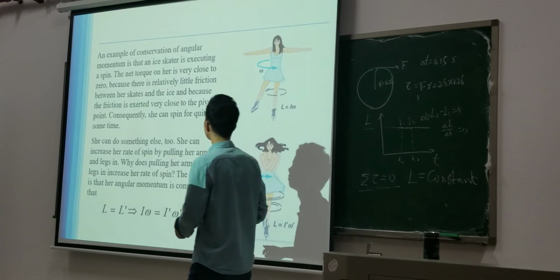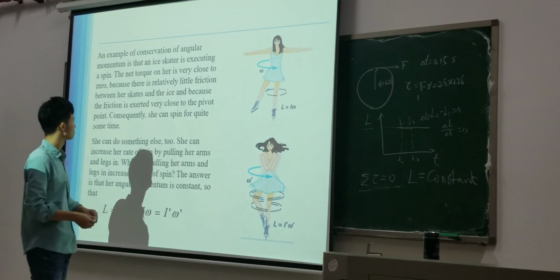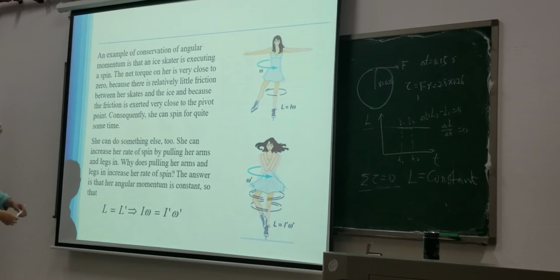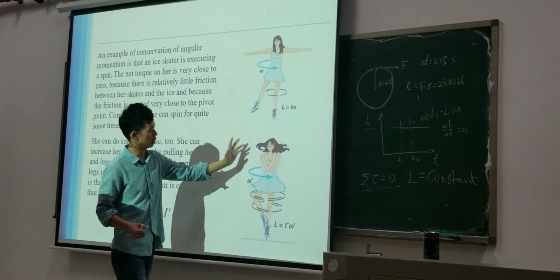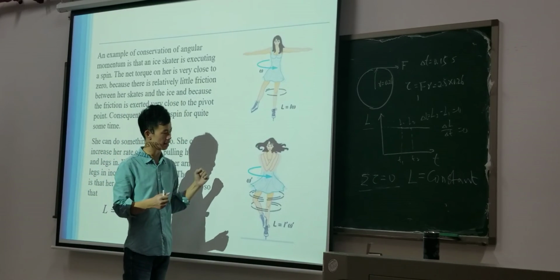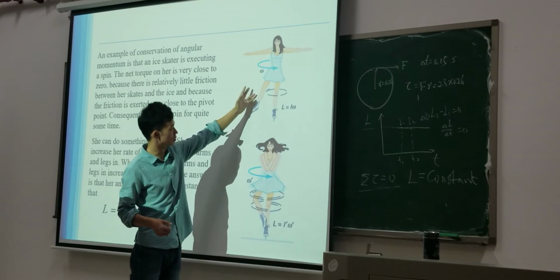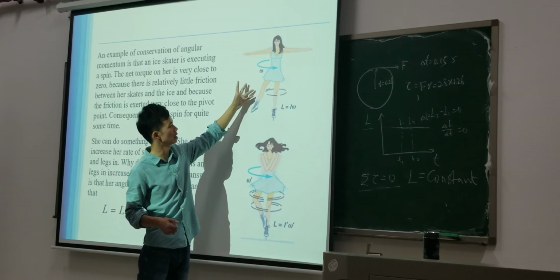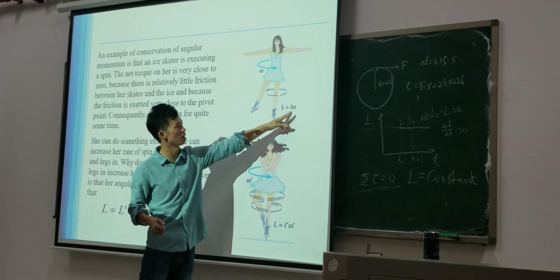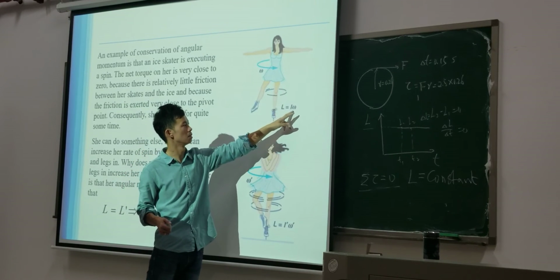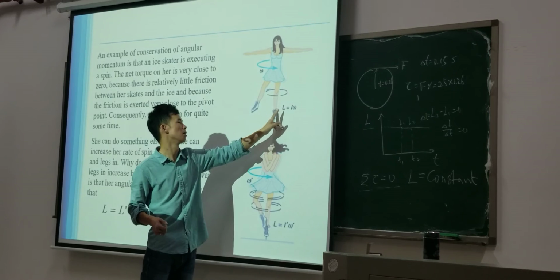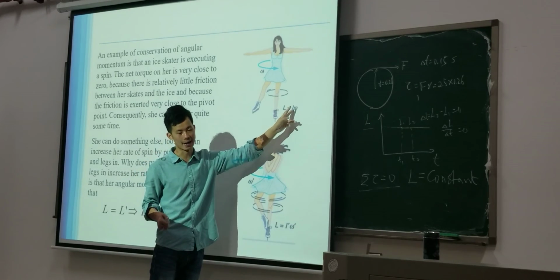So when he puts his hand inside, also, initially the moment of inertia is I, and the angular velocity is omega. Then the angular momentum is I omega.